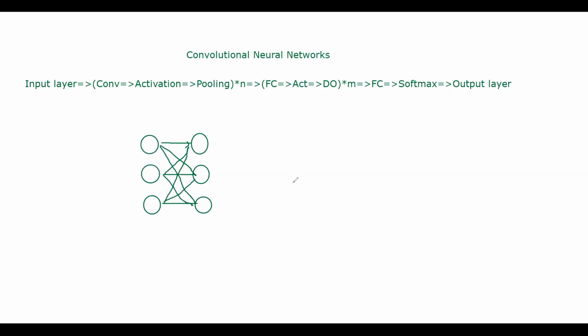Now, during the process of dropout, we randomly remove certain connections like this. We provide the amount of connections to be removed, 10 percent, 20 percent, as a parameter, and the system does it automatically and randomly.